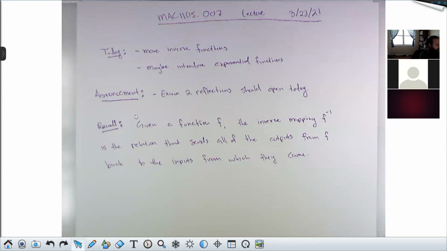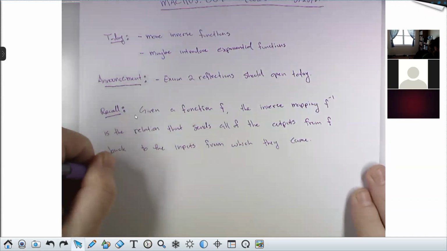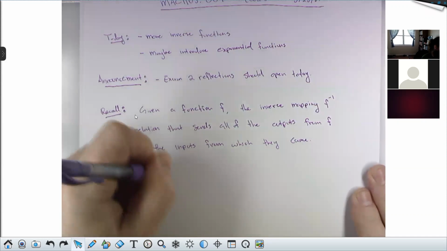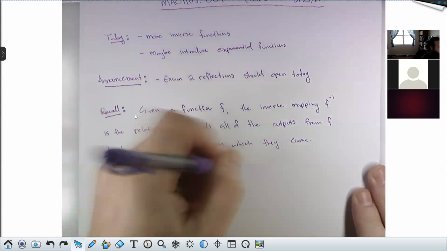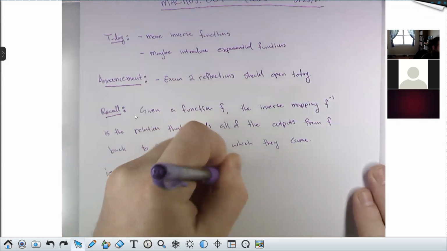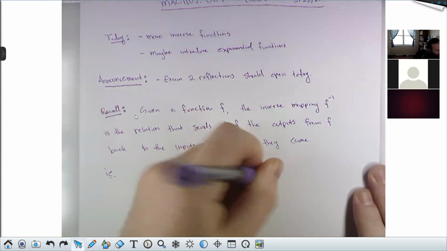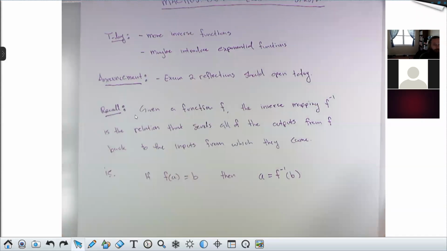Sort of the easy way to think about this, i.e., if f of a is equal to b, then a is equal to f inverse of b.